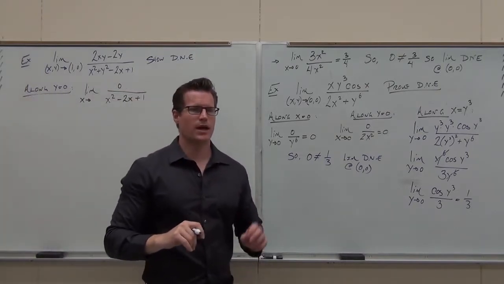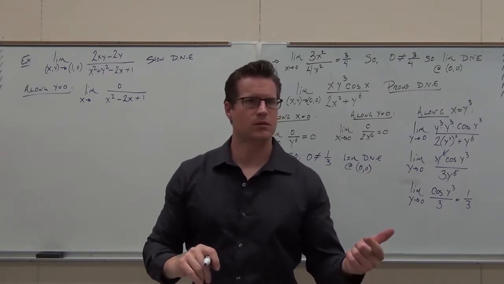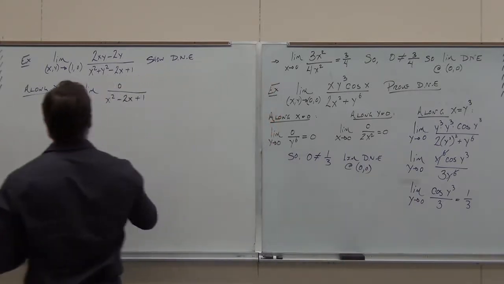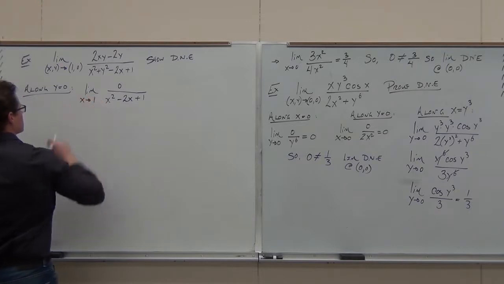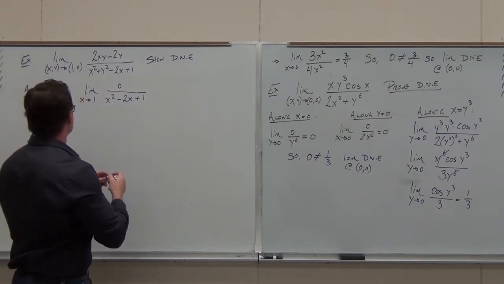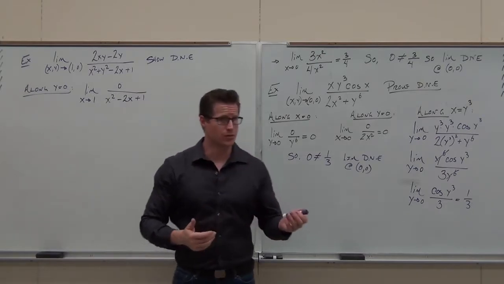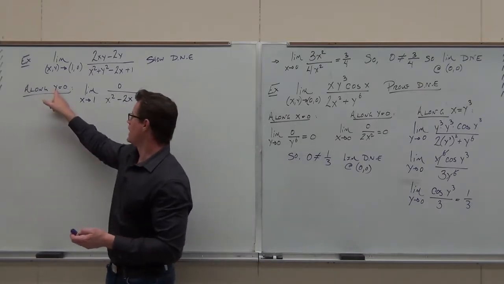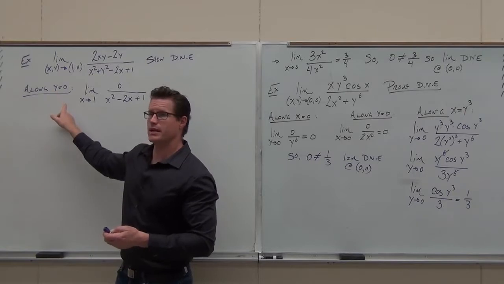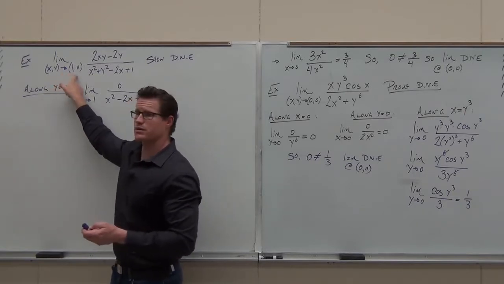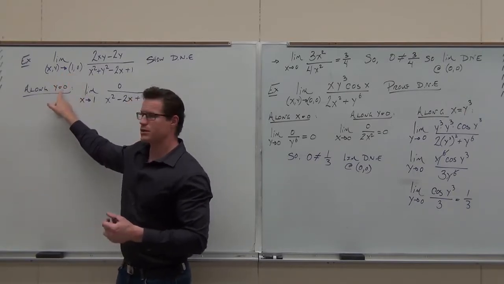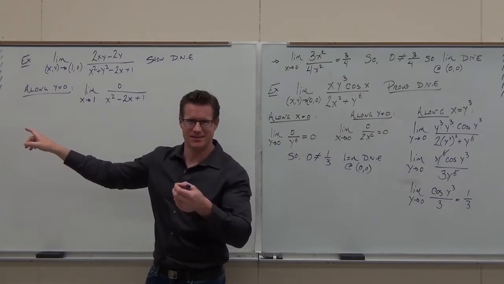Can you tell me where the x should be approaching? Is it true that along y equals 0, I'm going to hit x equals 1? I'm going to hit this point 1, 0. Notice that y equals 0 is the x-axis. Do you guys get that?